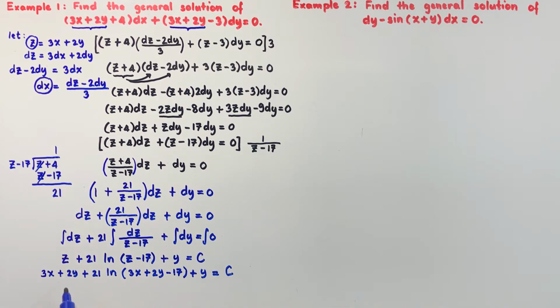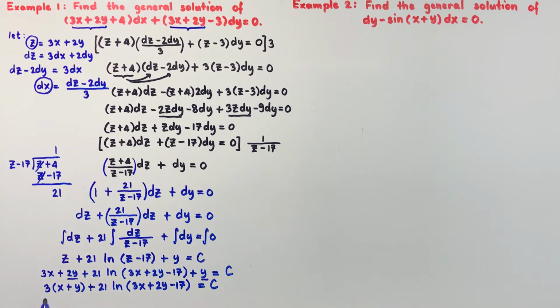So combining these similar terms here, 2y and y, so we have 3x plus 3y here. So we just factor 3 outside there, and this is added to 21 times the natural log of 3x plus 2y minus 17, which is equal to the constant of integration c.